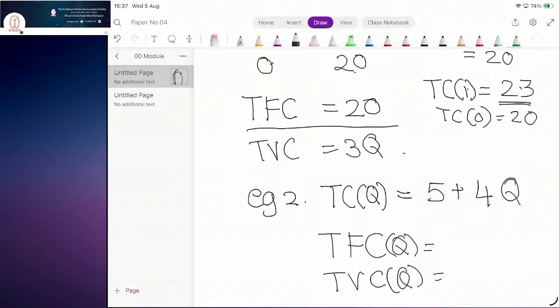If we put the value of Q as 0 here, 5 plus 4 into 0, that will be 5, right? So our total fixed cost is 5. And what is TVC? TVC is 4Q.